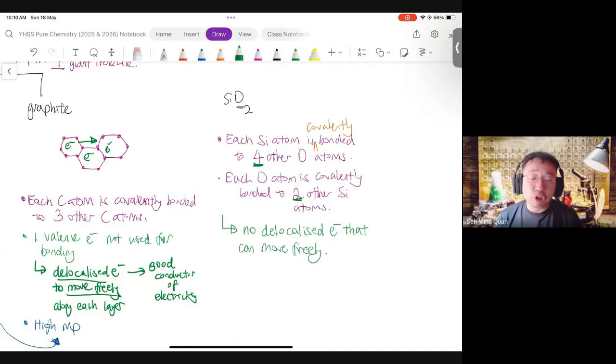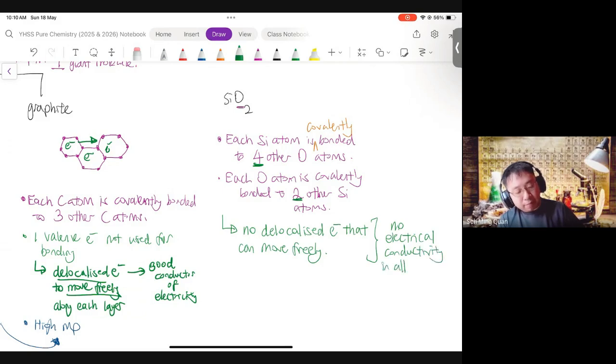So SiO2, just like diamond, doesn't have any delocalized electrons which can move freely. Therefore, there is no electrical conductivity in all states. So SiO2 does not conduct electricity regardless of solid, liquid, or gaseous state, because it does not have any delocalized electrons which can move freely.